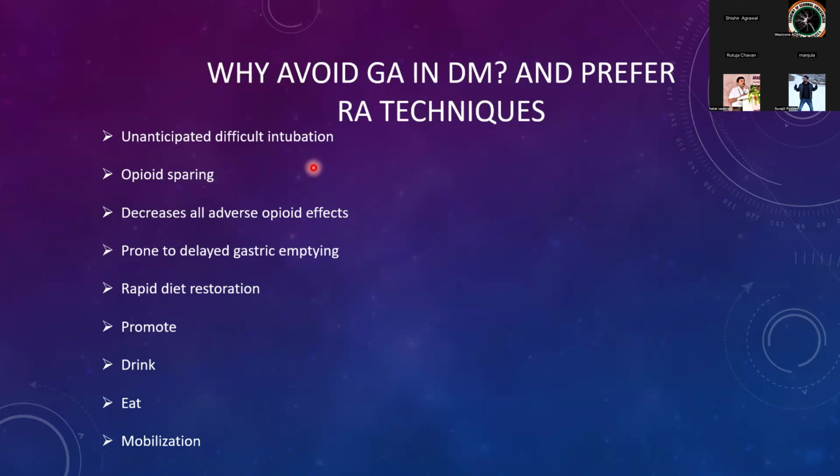Using an RA technique, we have an opioid sparing mechanism, which decreases adverse opioid effects like ventilatory impairment and opioid induced nausea, vomiting, and constipation. Diabetic patients have gastroparesis, so they are prone to delayed gastric emptying. Giving a regional technique leads to rapid diet restoration and promotes early mobilization, decreasing the incidence of foot ulcerations or hospital acquired sarcopenia.